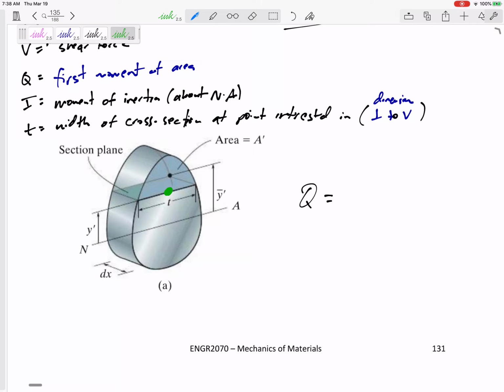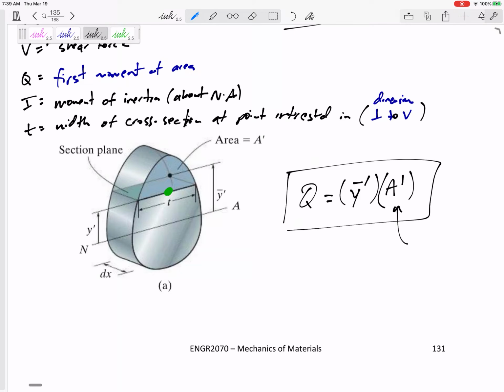And the Q is going to be this Y bar prime A prime. So Q is Y bar prime A prime.